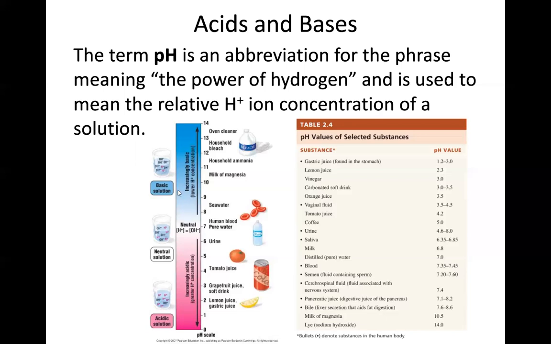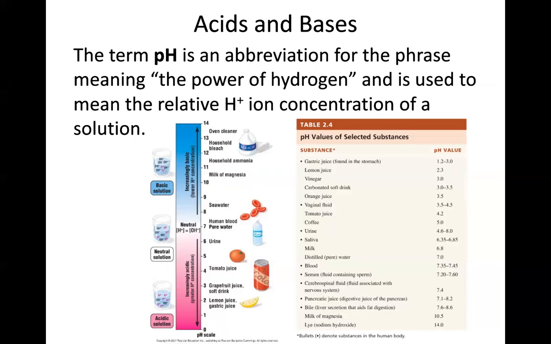Anything above 7.0 is a basic solution, or is a base. Anything below 7.0 is acidic. Now, the farther you get from 7, closer to 14, the stronger the base. The farther you get towards 0, the stronger the acid.